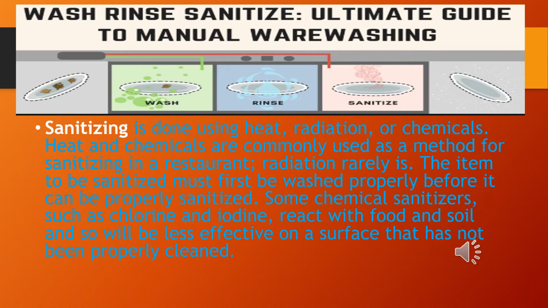Radiation rarely is. The item to be sanitized must first be washed properly before it can be properly sanitized. Some chemical sanitizers, such as chlorine and iodine, react with food and soil and so will be less effective on a surface that has not been properly cleaned.